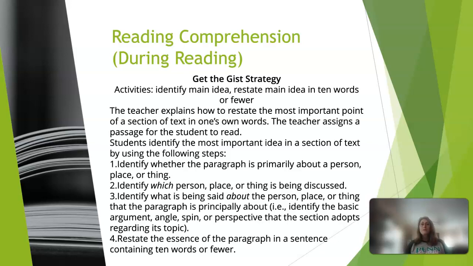And then after you've gone through that process, you restate the paragraph in a sentence containing 10 words or fewer. In this strategy, they're asked to dissect the parts, okay? And by asking these questions, that helps unlock the meaning of the words in the text.